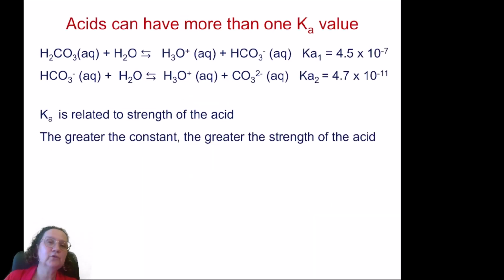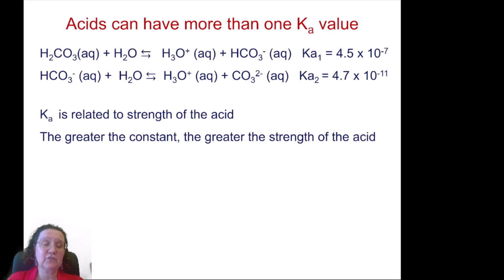Because you can have mono, di, tri, polyprotic acids: if you have a monoprotic acid, it only has one hydrogen ion, you will only have one acidity constant. If you have a diprotic or triprotic acid or polyprotic acid, you will have as many acidity constants as hydrogens that acid can donate. And yes, acids can have more than one value for the acidity constant.